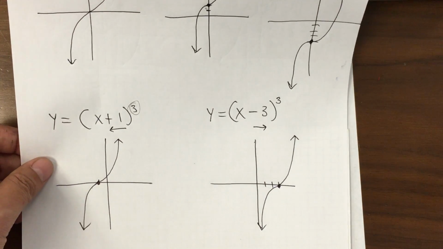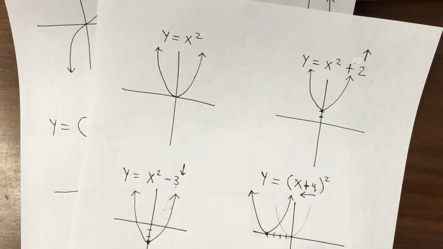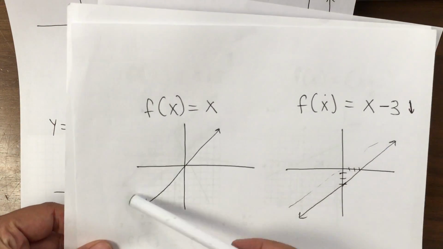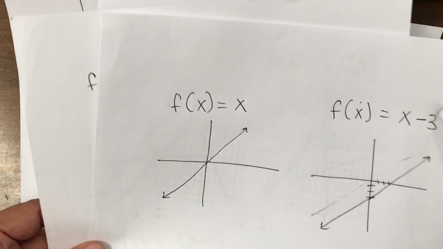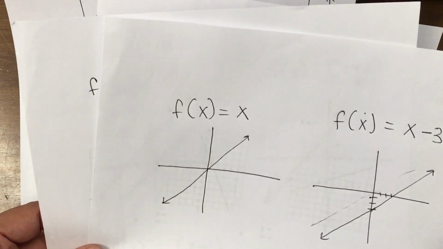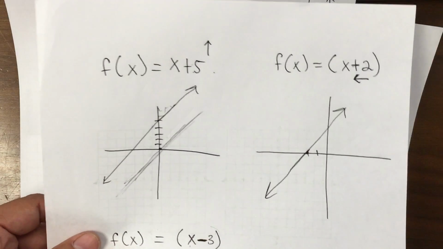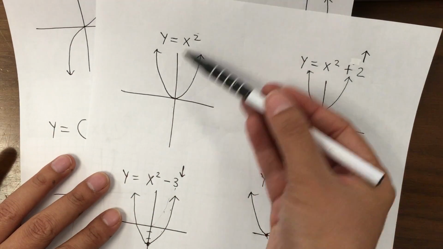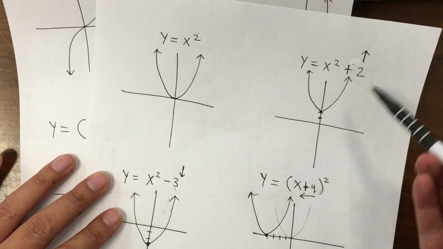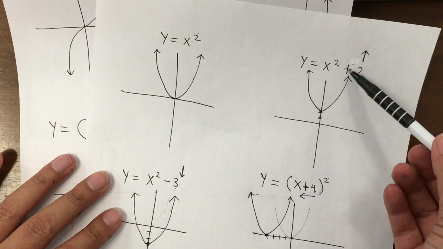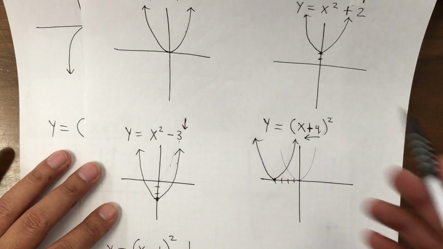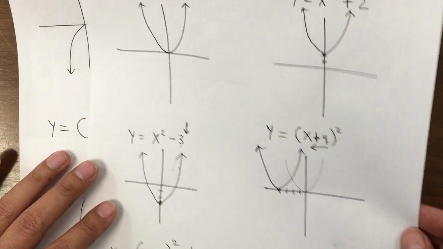So again, I just want you to see that when there is no exponent, it's a line, and then the translations is just going up or down or left or right. Okay, the square creates a parabola, but then the translations, when you're adding or subtracting, that just makes the parabola go up, down, left, right.